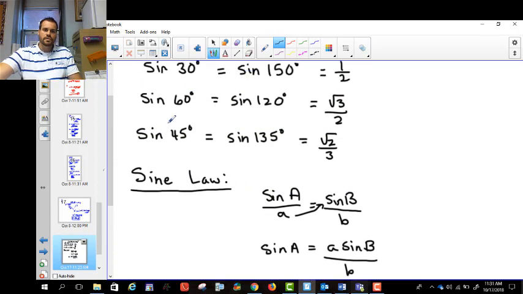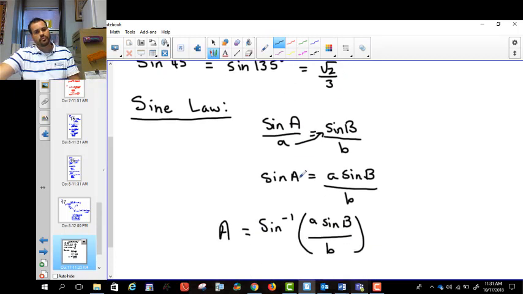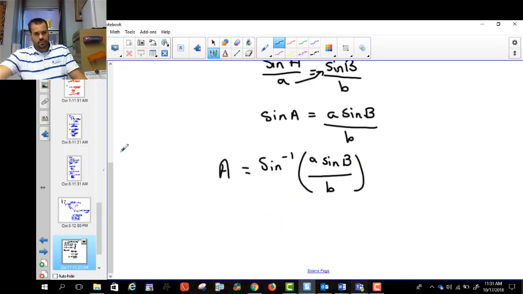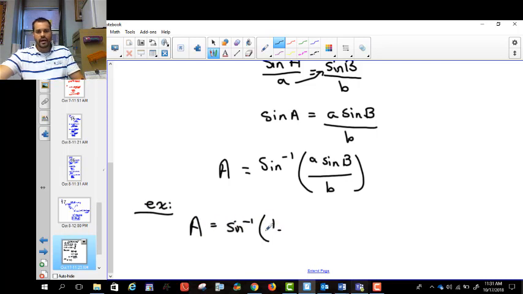Because the sine of 30 and the sine of 150 are both 1/2, or the sine of 60 and the sine of 120 are both √3/2, if, for example, I get A to be the arc sine of 1/2, there's actually two possibilities. It's possible that the answer is 30.